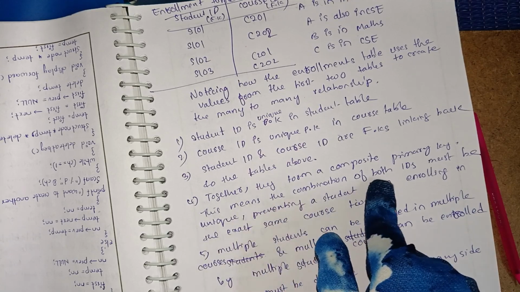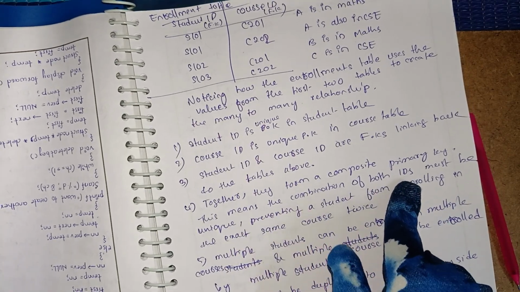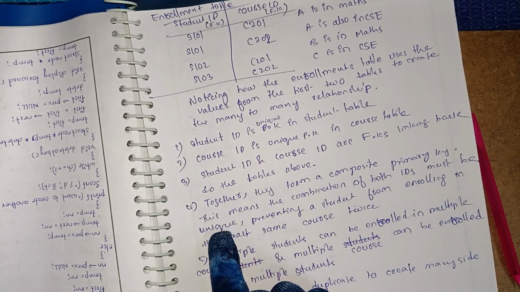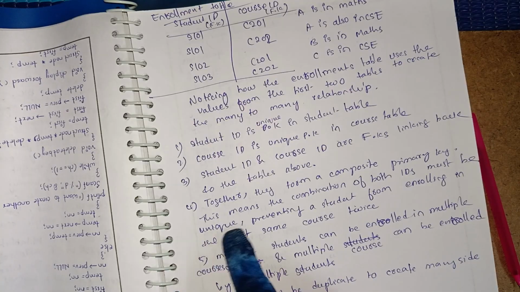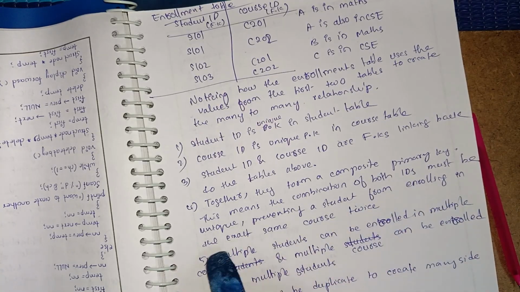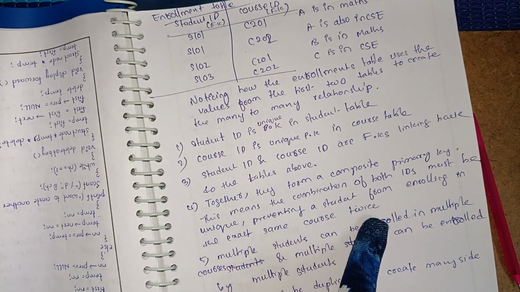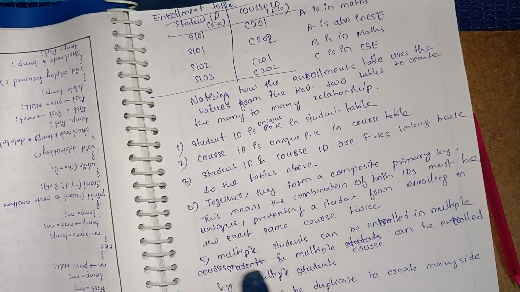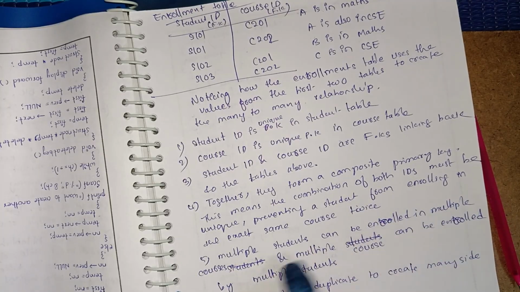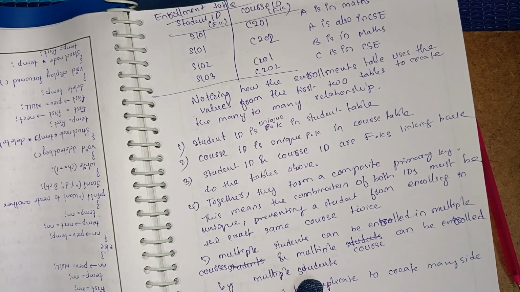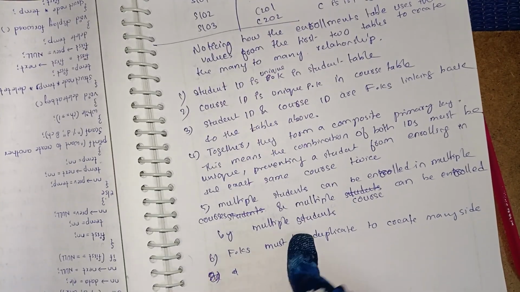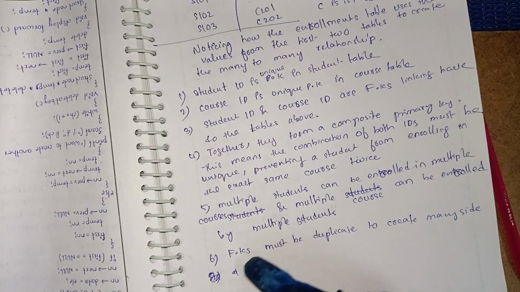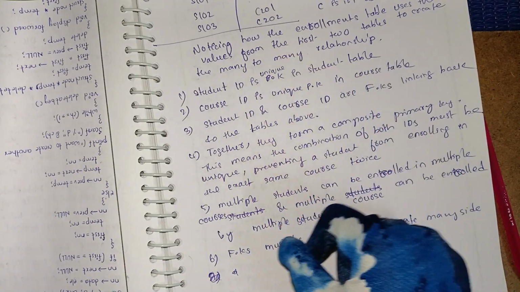This means the combination of both IDs must be unique, preventing a student from enrolling in the exact same course twice. Multiple students can be enrolled in multiple courses, and multiple courses can be enrolled by multiple students, as I have shown there.